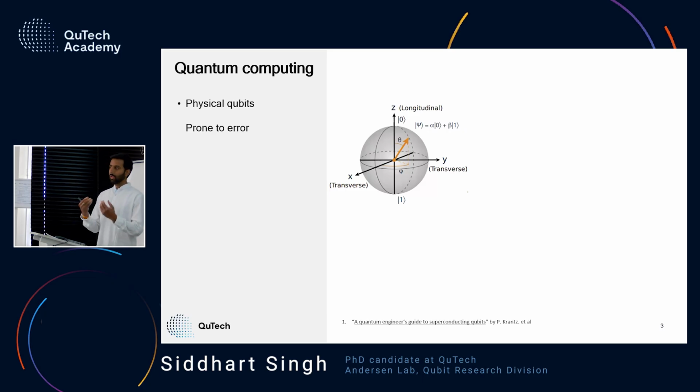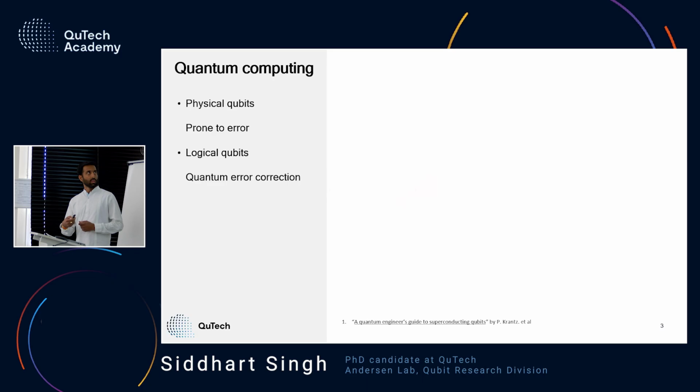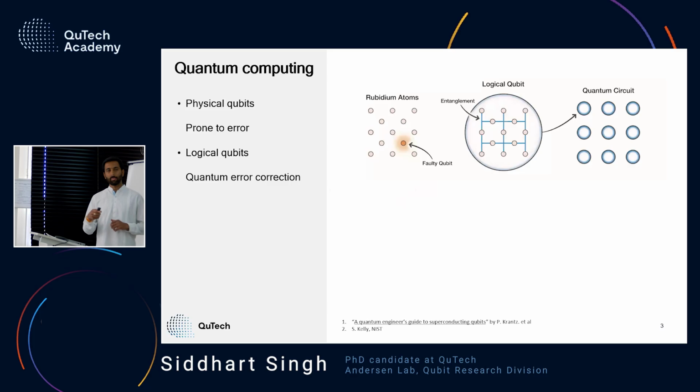When you try to implement it on a system, you are prone to error because you are going to have interactions with the environment, and those interactions will lead to some decoherence and some errors. So people came up with the idea of encoding a logical qubit, which is what you can use to do quantum circuits on multiple physical qubits.